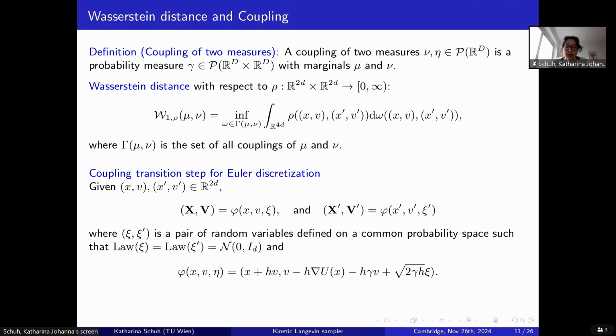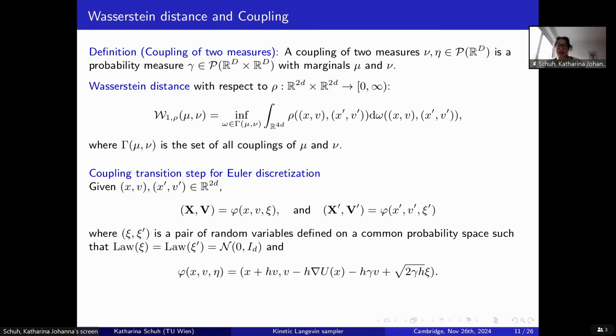And phi here is just the representation of the Euler discretization. So this is just how we get the update from one step. In the coupling transition step, this new step we obtain by coupling them through this pair of random variables.